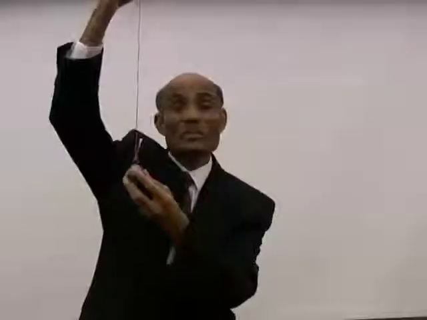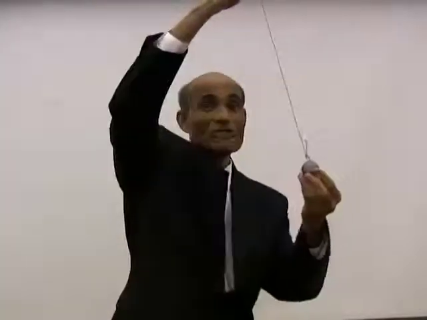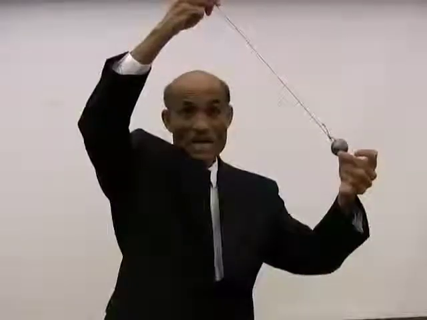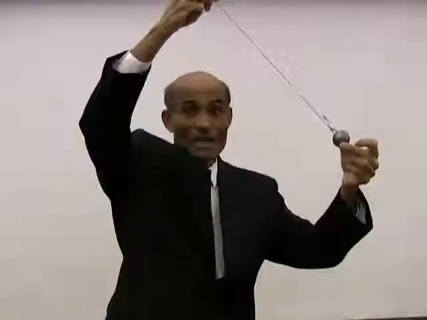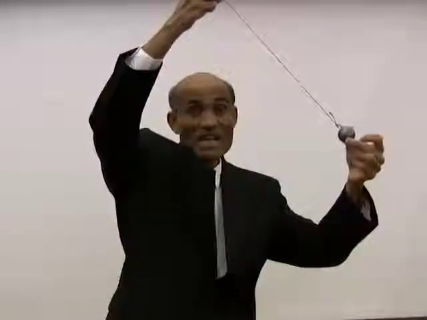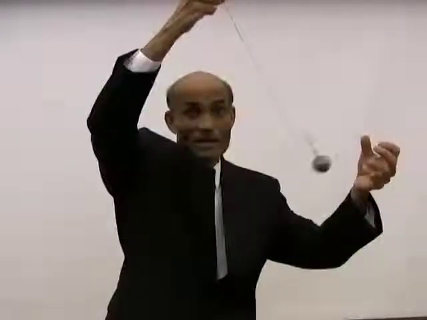Now this is the case of the swing. If you notice, you pull it to one side, it has now potential energy, and because it has potential energy, when you leave it, it falls, and you can see the energy conversion.